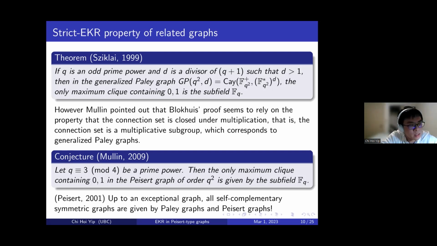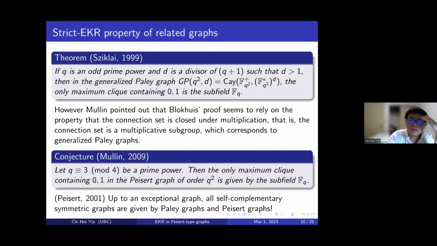And I think the reason to consider Peisert graphs is not too unexpected, because in a famous paper by Peisert around 20 years ago, he managed to classify all self-complementary symmetric graphs, and he showed that up to an exceptional graph, all self-complementary symmetric graphs are given by Paley graphs and Peisert graphs.